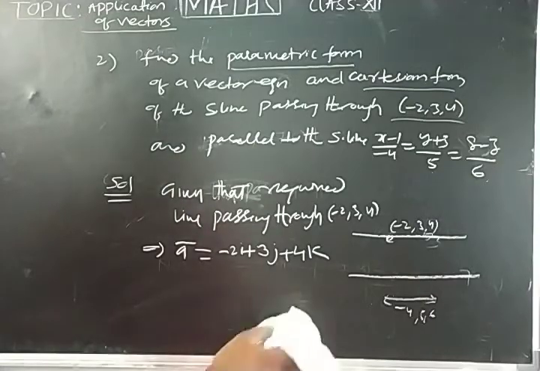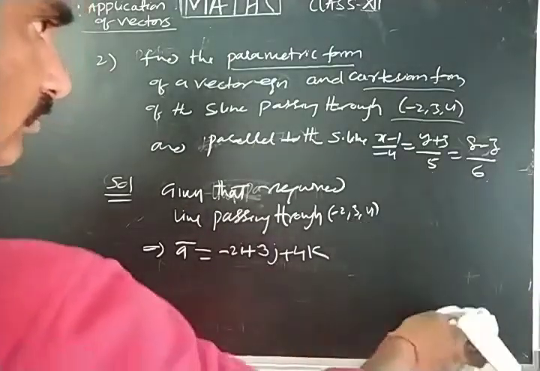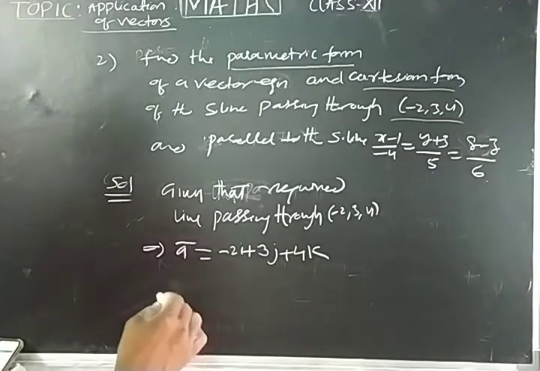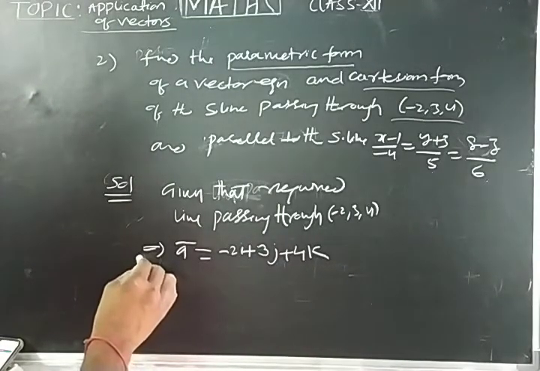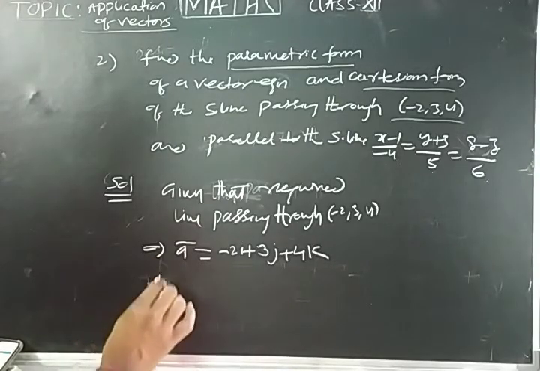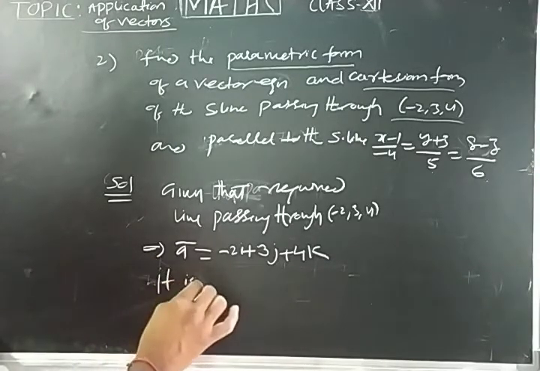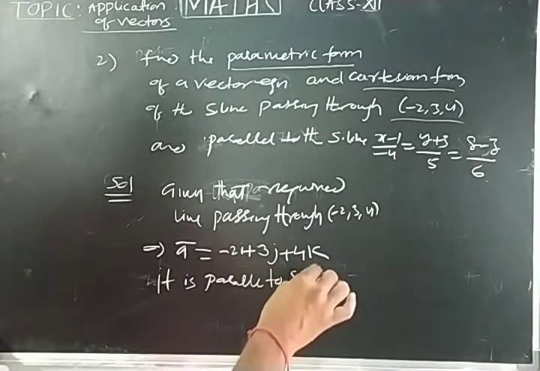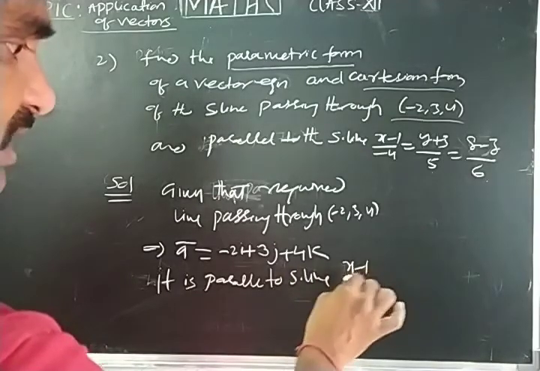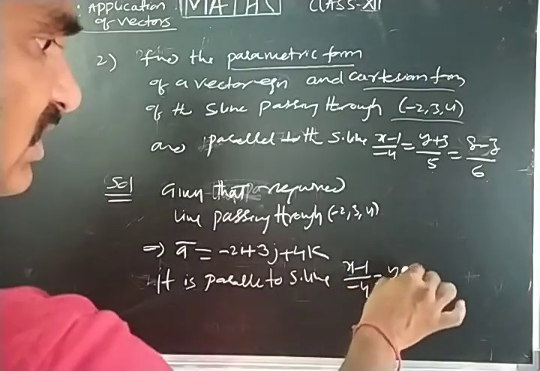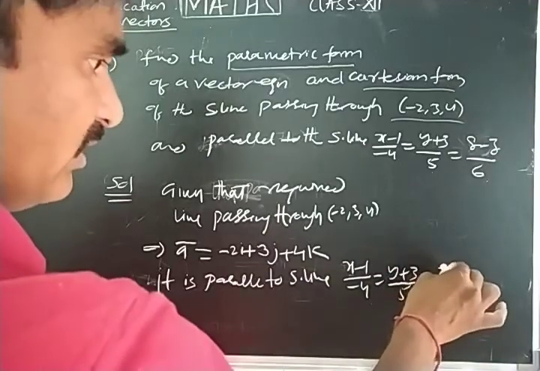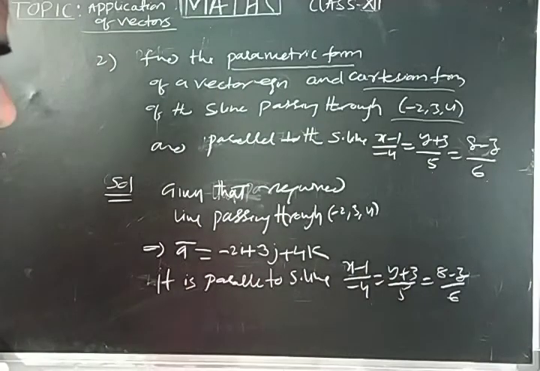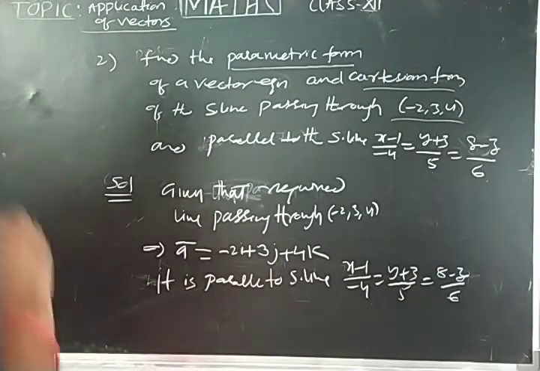Now b bar is parallel to the straight line x minus 1 by minus 4, y plus 3 by 5, 8 minus z by 6, right?